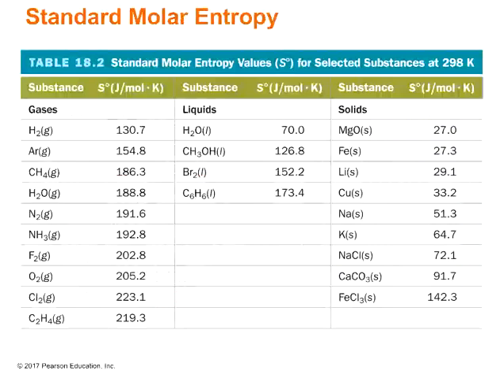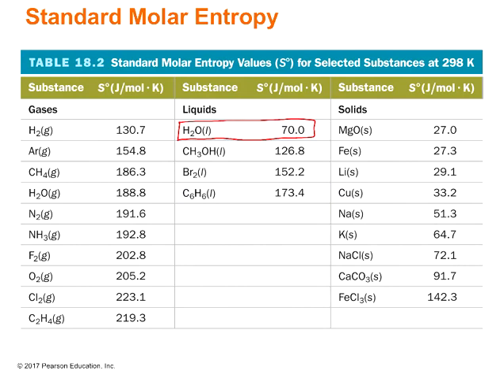Now you might also notice that there's variation here in terms of the standard molar entropy. So for instance, water as a liquid has a standard molar entropy of 70 joules per mole Kelvin.